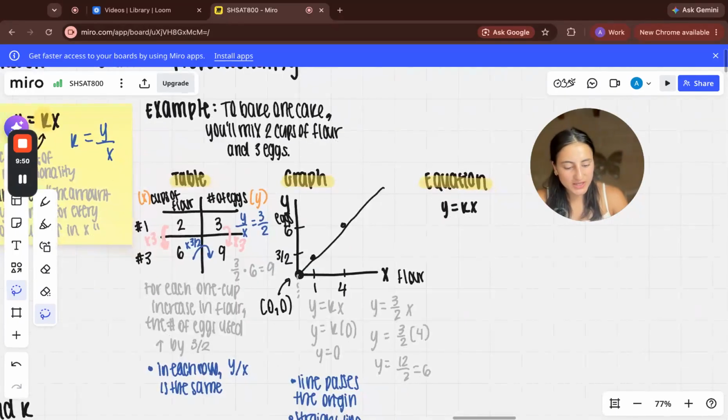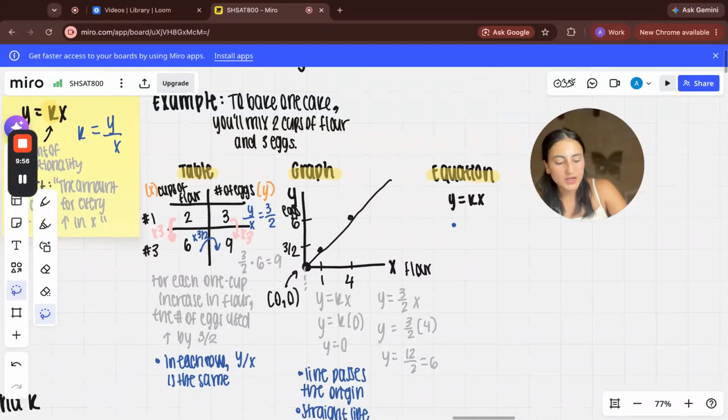Now for the equation, we already kind of went over this, but the one thing you want to look at here is making sure there is no b term. The reason I say no b term is that typically more complex equations that include a y-intercept and don't pass through the origin are written y equals kx plus b.